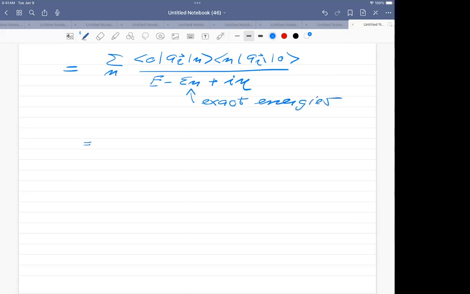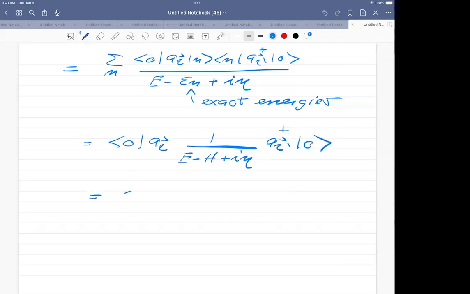It's common to rewrite this in the following way: the vacuum state 0, then I have my annihilation operator a of r, of 1 divided by E minus H plus i eta, and then a dagger of r prime acting on 0.